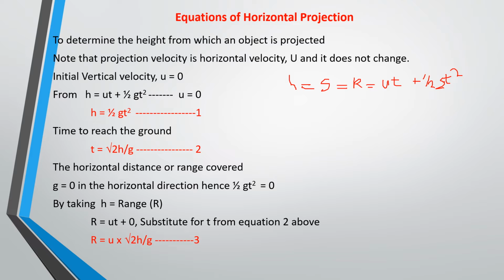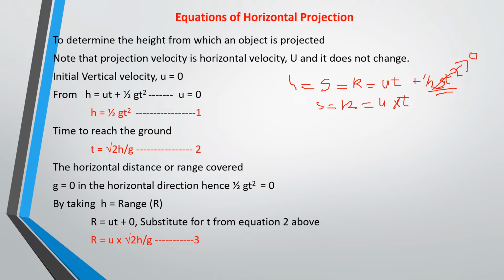Since g is equal to 0 in the horizontal direction, this part of the equation will be equal to 0. So the distance or range will be equal to u times t.